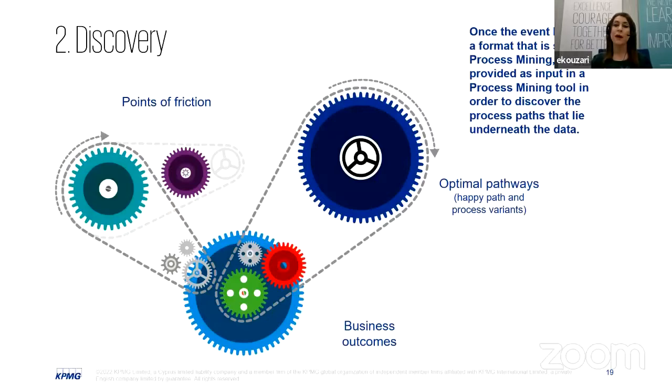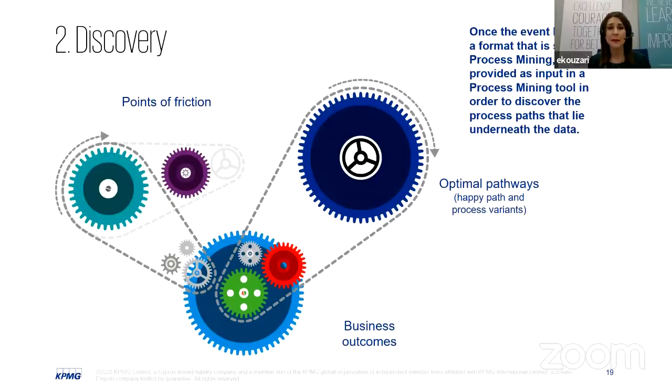So we are trying to find that happy path, and then we are trying to see all the other paths that are called the process variants, because they show us what variations exist in the execution of the same process. Later on, we are trying to transform all these process variants to match or get closer to that happy path.